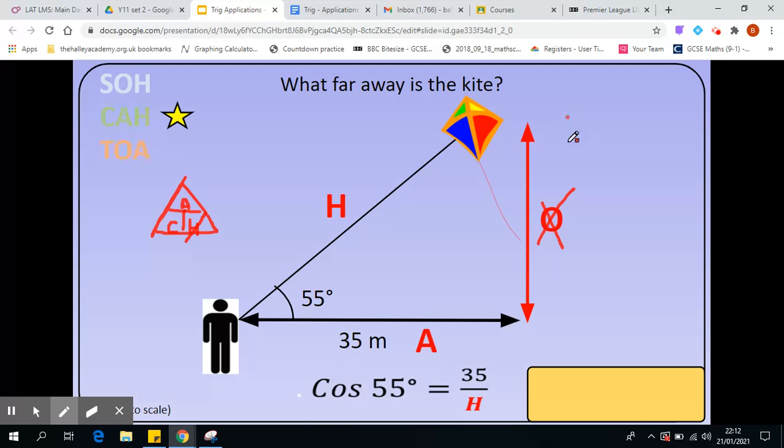So the hypotenuse would be the adjacent side, which is 35, divided by cos 55 degrees.